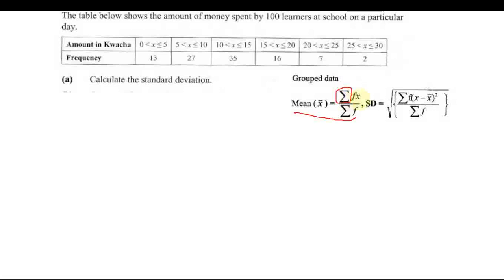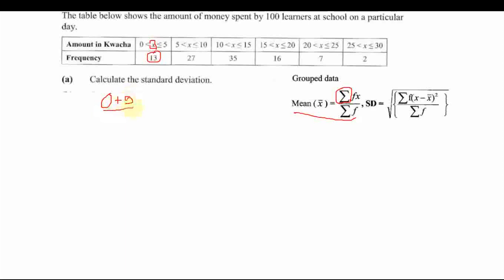So we have slots on each column here. On this column, I have the value for frequency, which is 13. Now, where do I get the value for x? Because x is in the middle of these two limits. So for you to get the value there, we need to add the limits, the lower limit plus the upper limit.